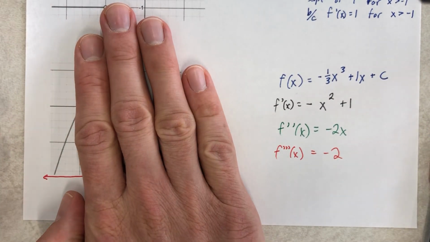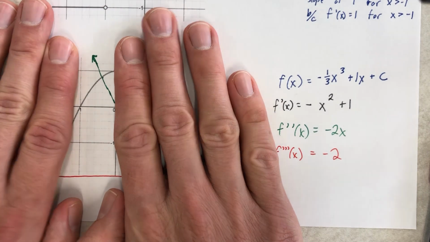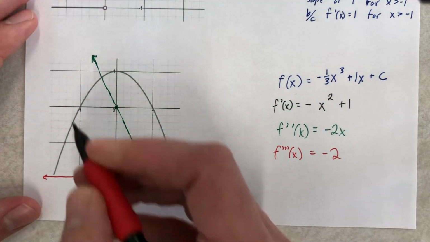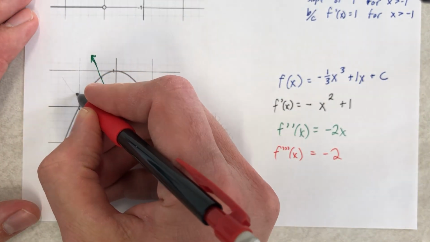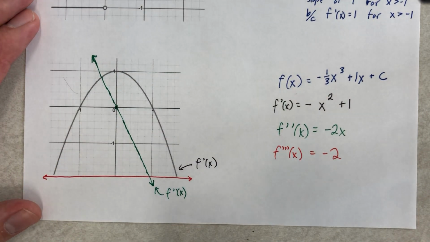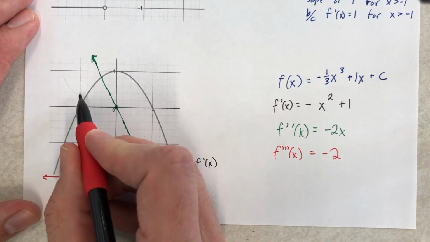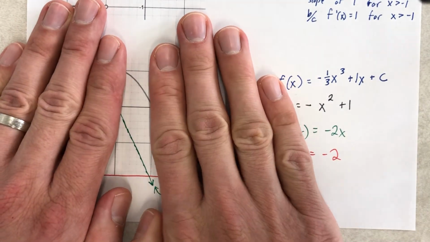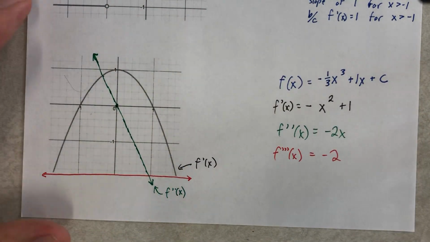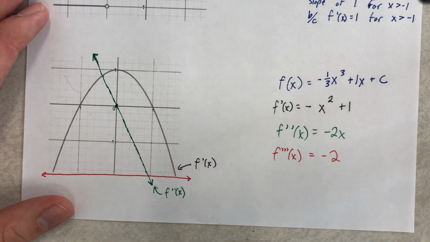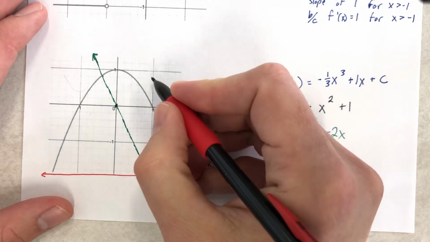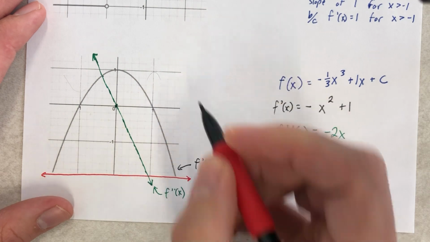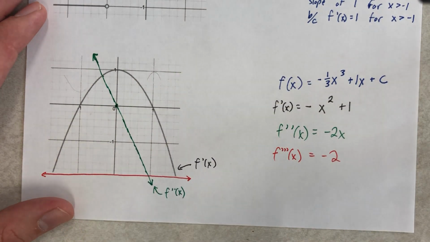Derivative, negative then positive. Therefore, original function, decreasing, then increasing. Okay? This is a minimum. All right, derivative, positive, then negative. Therefore, the original function will be increasing, then decreasing. That is going to be a maximum.